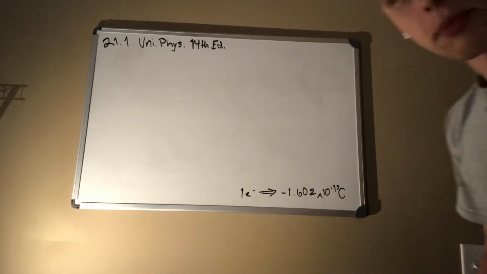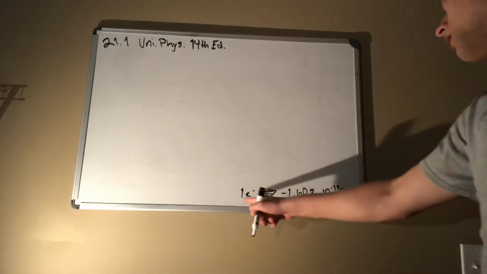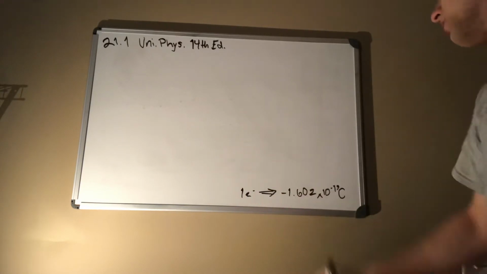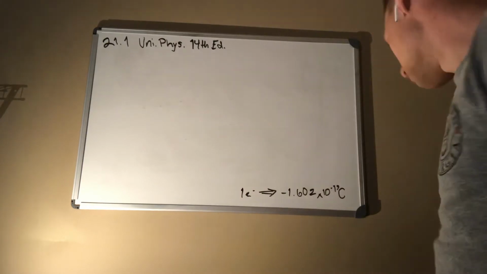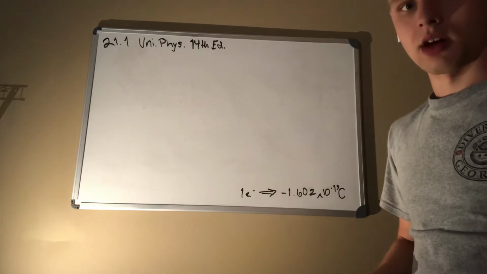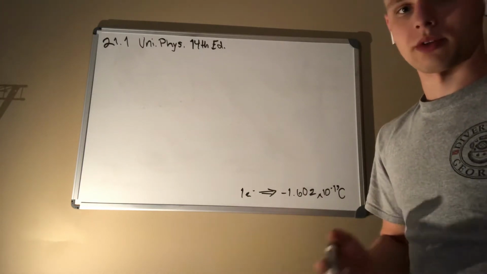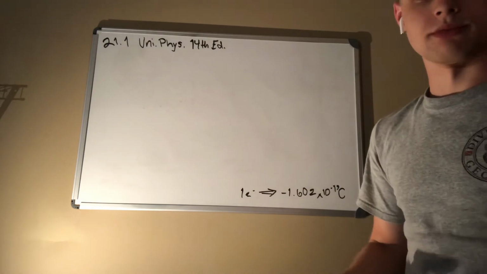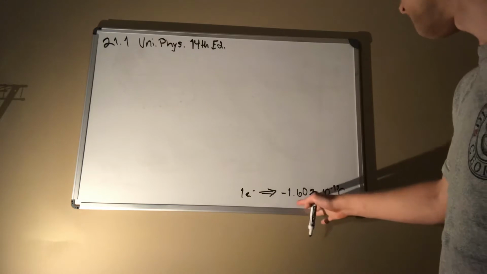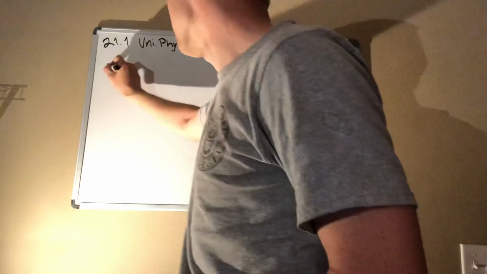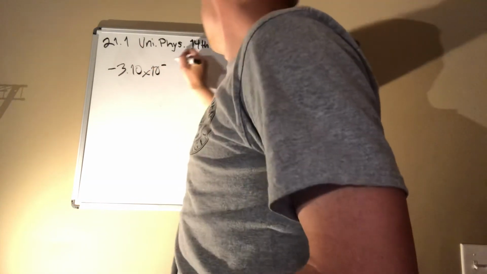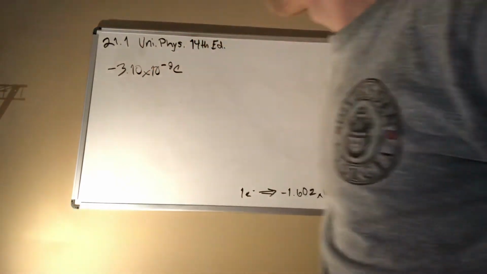So to start off with part A, a good thing to know would be how many coulombs there are per electron. I'd have this written out here for us. Essentially, we're going to assume that all of these lead atoms are neutral, at least to begin with, and then we put the charge on there to the point where it's negative 3.10 times 10 to the negative 9 coulombs.